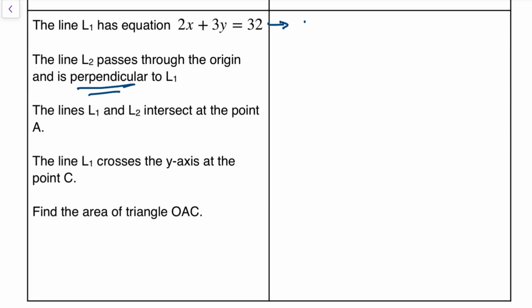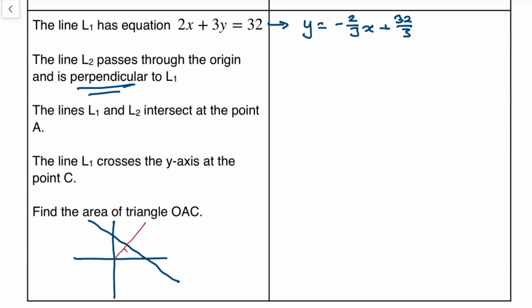I'm going to start by rewriting this as y is equal to minus 2/3 x plus 32 over 3. Which just means I can draw a reasonable diagram where I know there's a negative gradient and it goes through 32 over 3. Then I'm going to draw a perpendicular line, so that's going to go through the origin and look like this. And then A is the point they meet.